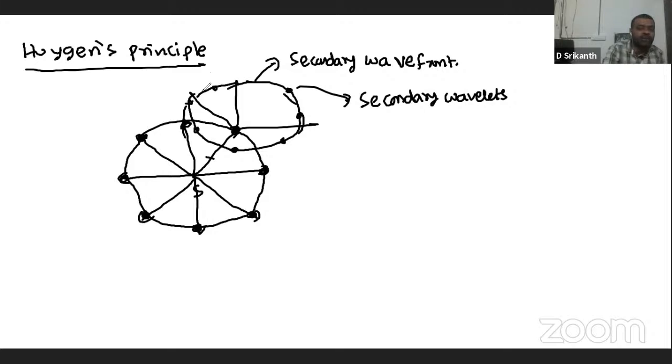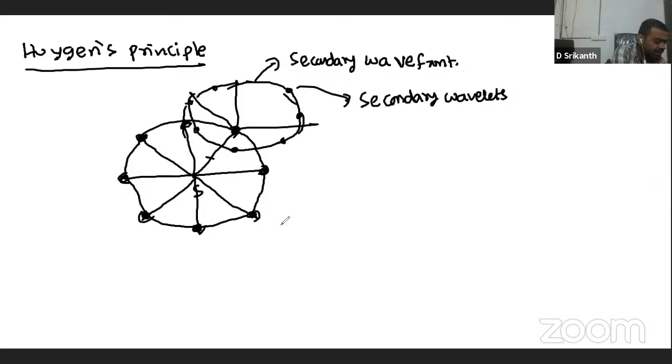They will explain to the remaining 15 students. So we can say that the secondary wavefront or secondary wavelets are those 5 students. After that, all the students will understand.